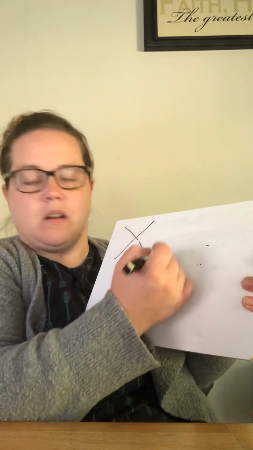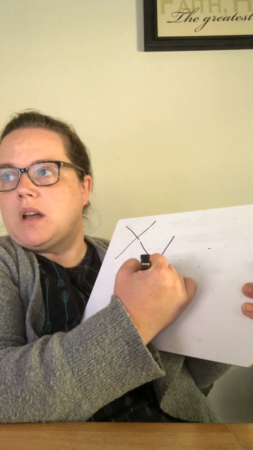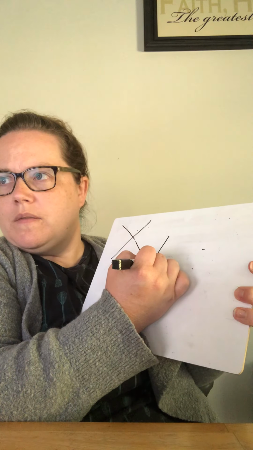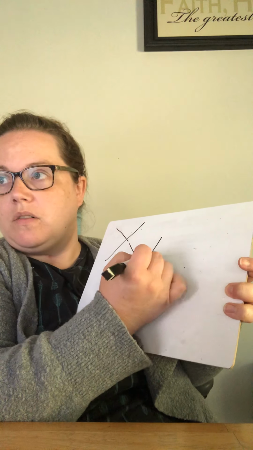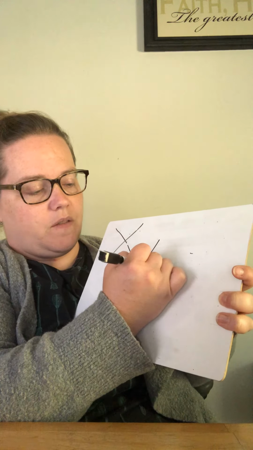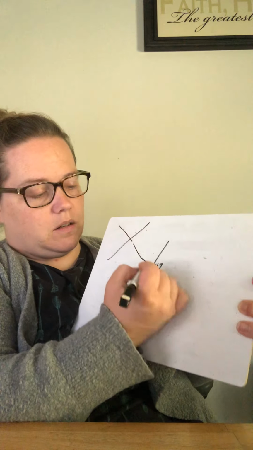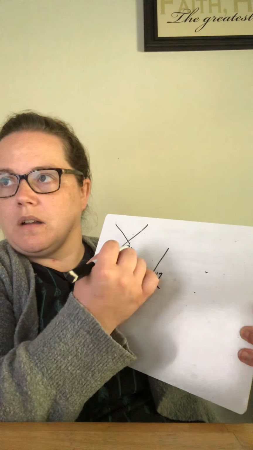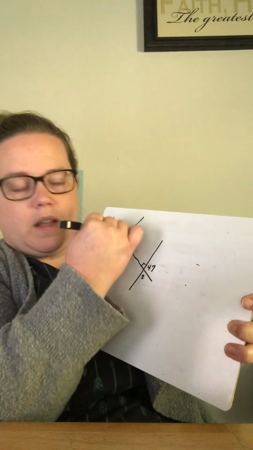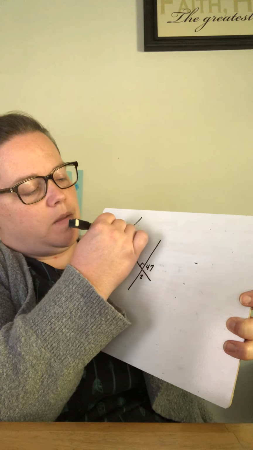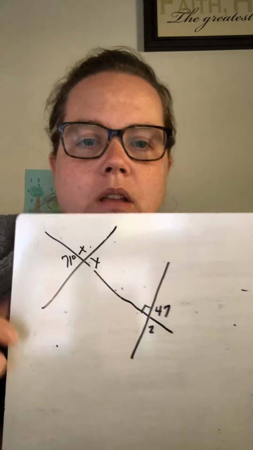And we're going to come down here with another set. This one is apparently a right angle, and 47, and then Z. So we're going to look for Z, Y, X, and we have a given measure of 71, okay?